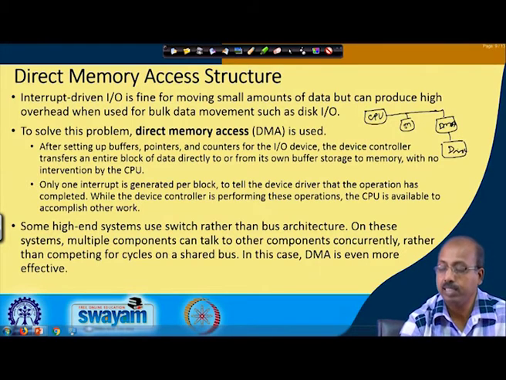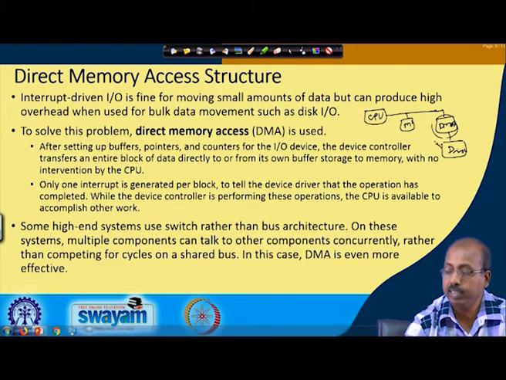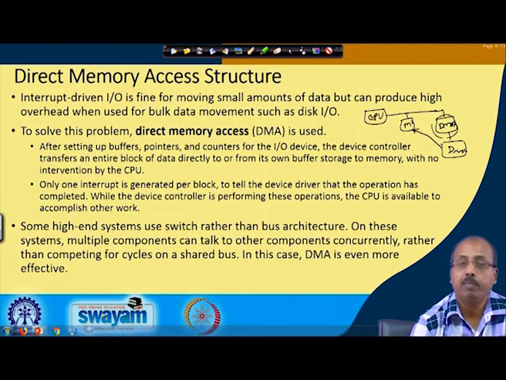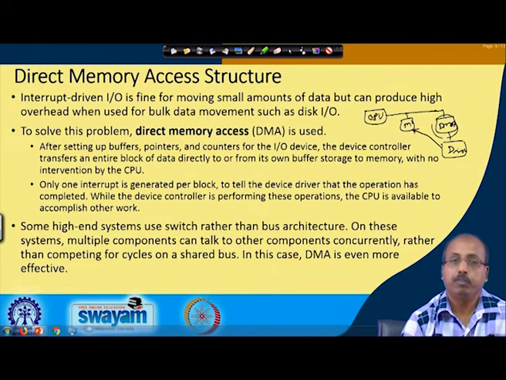When the CPU finds that some amount of data has to be transferred from disk to memory or memory to disk, it will inform the DMA controller that some data transfer has to take place between memory and disk. The DMA controller will then transfer this entire amount of data. If it is a read operation, it will transfer the entire amount of data from disk to memory without telling the CPU every time after a byte has been transferred. When this entire block of data, which may be 4 kilobytes or 8 kilobytes or 10 kilobytes, whatever my block size is, has been transferred.